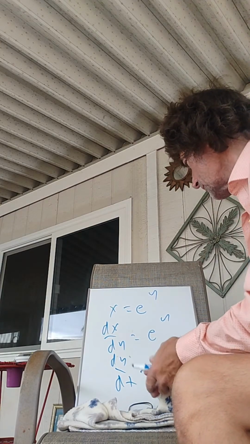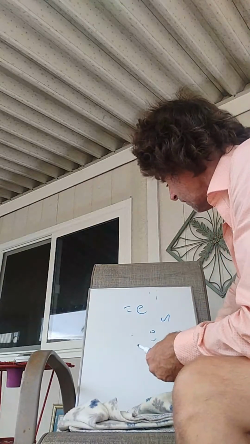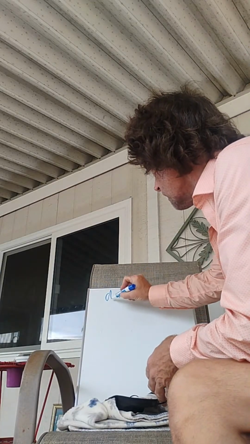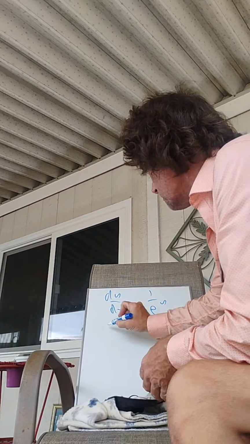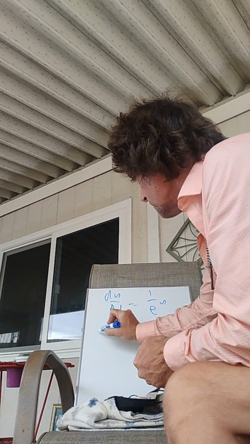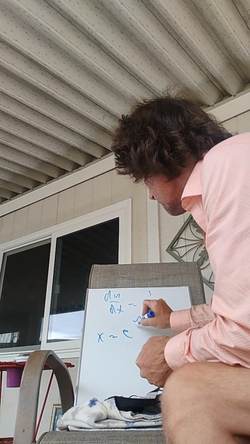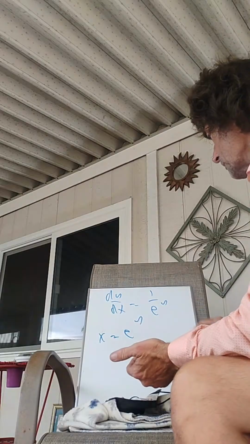Okay, so I have that. Let's start with that: dy/dx equals 1 over e to the y. But I had that x equals e to the y. So what is e to the y?